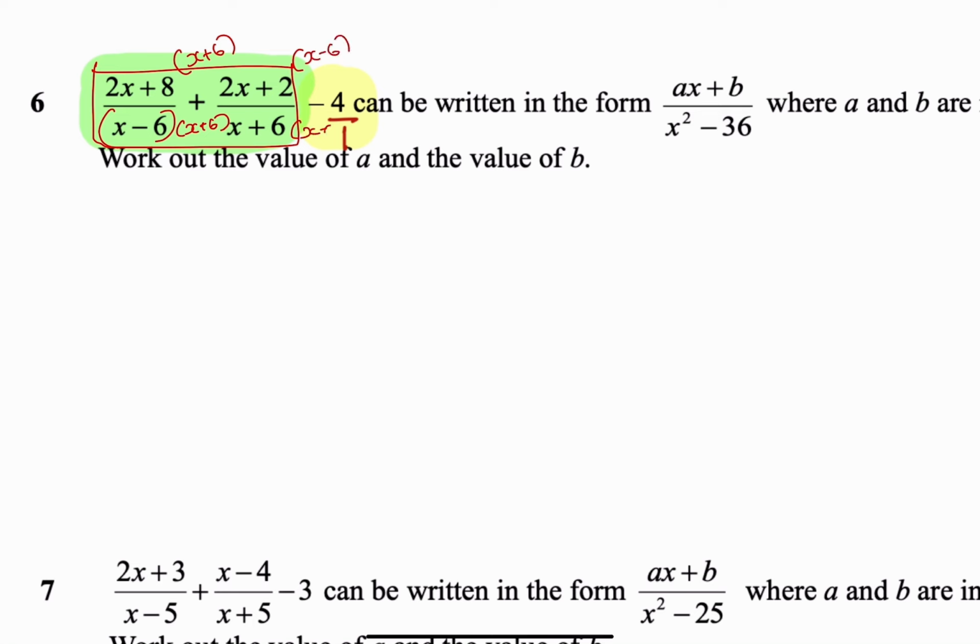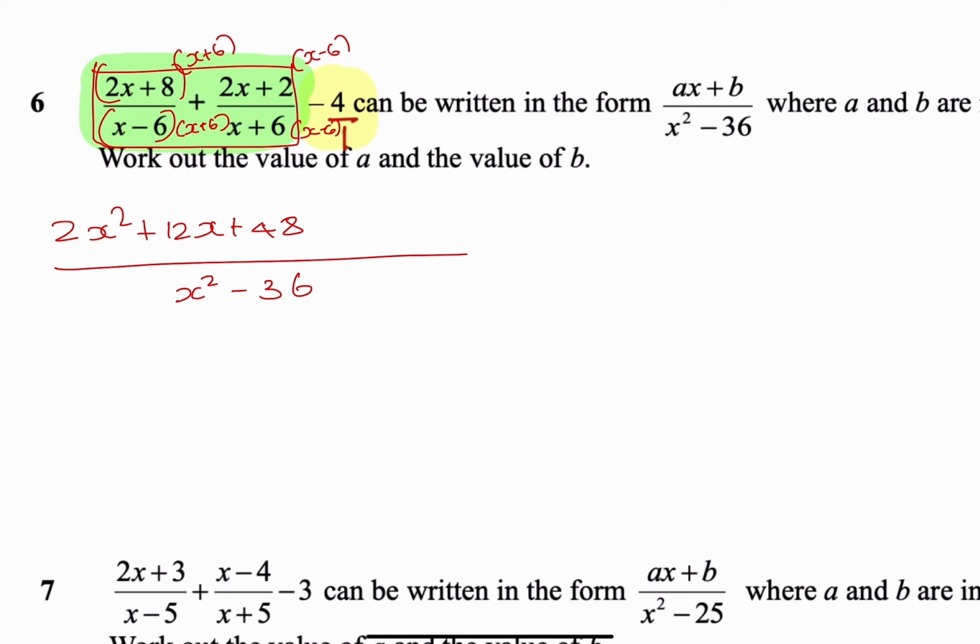What do we have here? If I multiply it, I get 2x squared plus 6x plus 8x, that makes it 12x plus 48 over x squared minus 6x plus 6x cancel, minus 6 times 6 is 36.